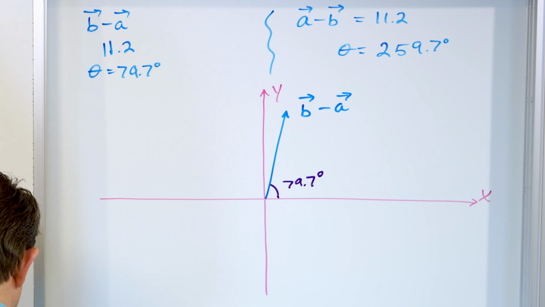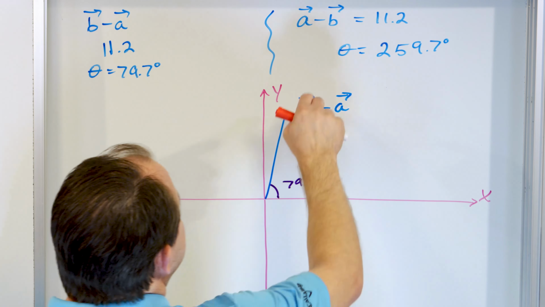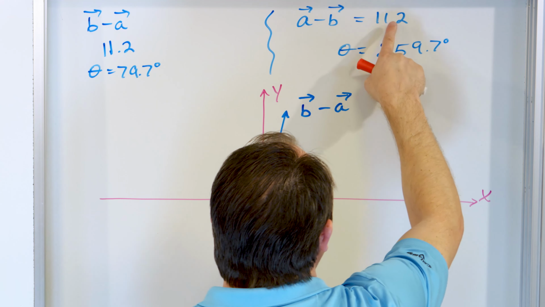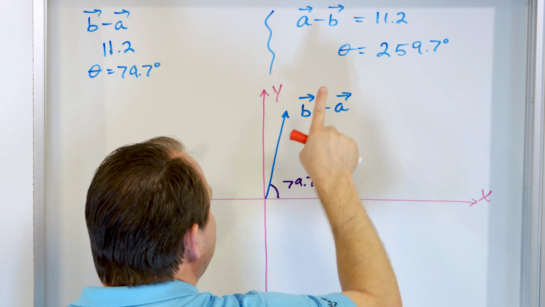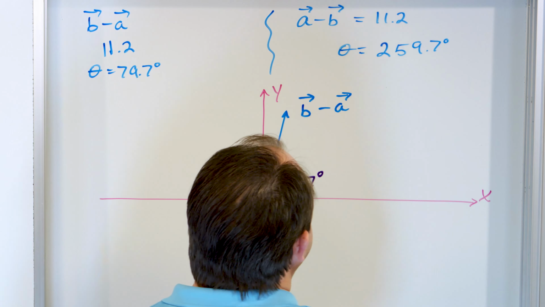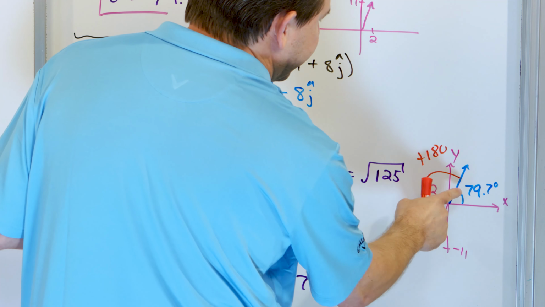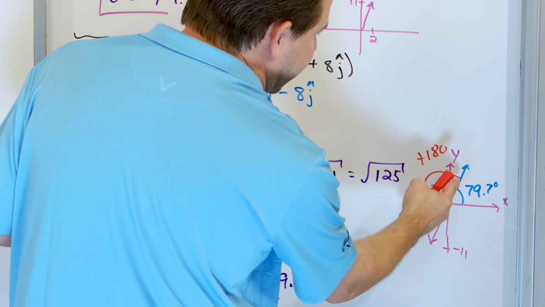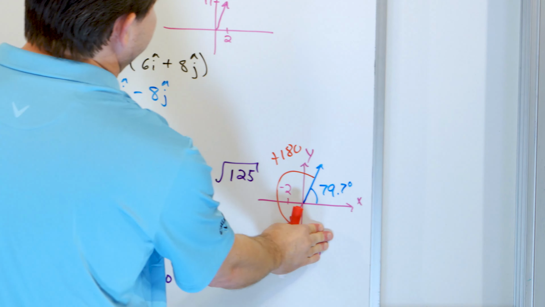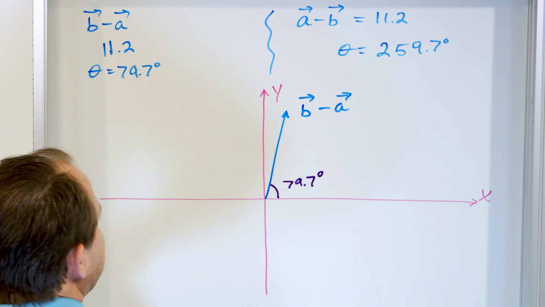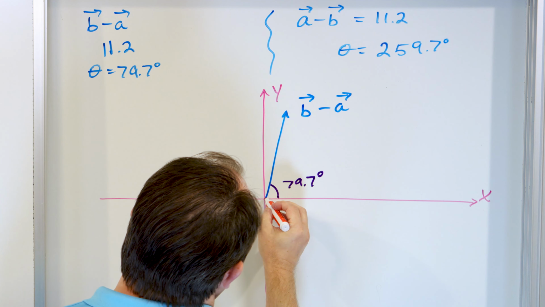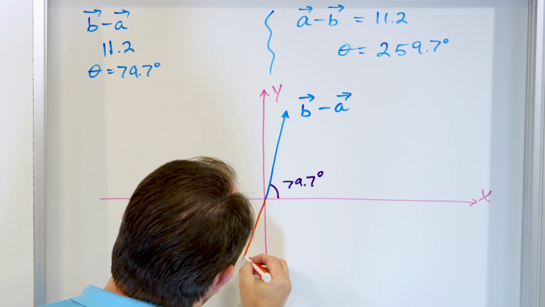Now the other vector, I'm going to draw in a different color. The other vector, A minus B, is the exact same length, so the arrow is the same length, however the angle is 259.7. And we already know from the previous board that that differs from 79.7 by exactly 180 degrees. So it's exactly 180 degrees apart, and the same length.